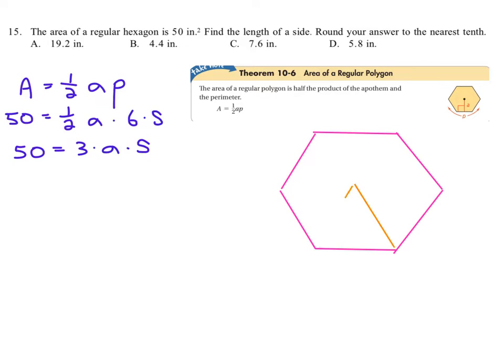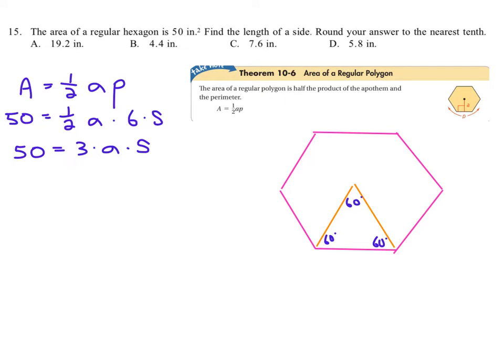If we go from the center here, we've got a 60-degree angle up there. You should know that when you divide a hexagon up into the 6 triangles, then you've got 60 and 60 and 60. It's equilateral triangles. That's what hexagons are composed of when you connect the center to all the vertices.